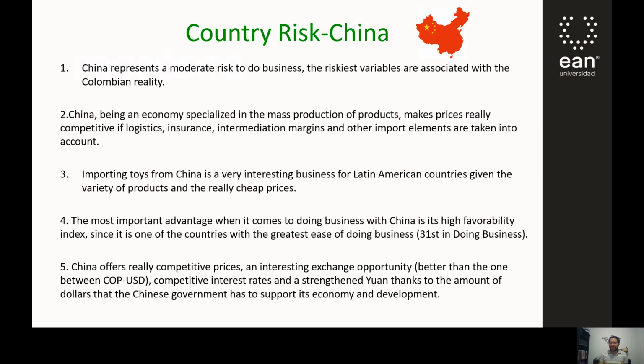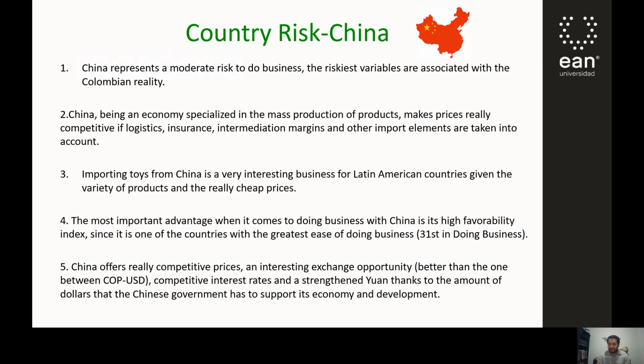We will talk about China. China is the country that we chose to import those toys from, and China represents a moderate risk for doing business. The rate variables are associated with the Colombian reality. China is an economy specialized in the mass production of products.